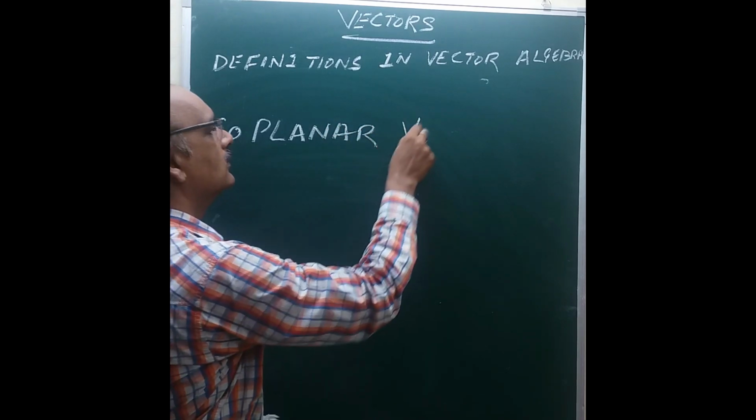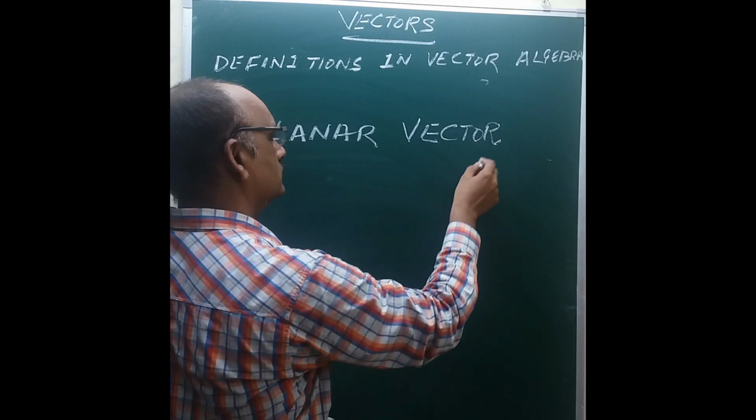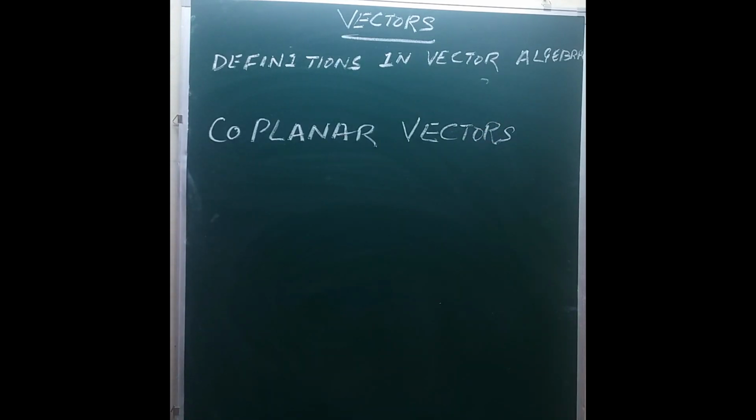Co-planar vectors. Those vectors which lie on the same plane are called co-planar vectors. What is a plane? This board is a plane.